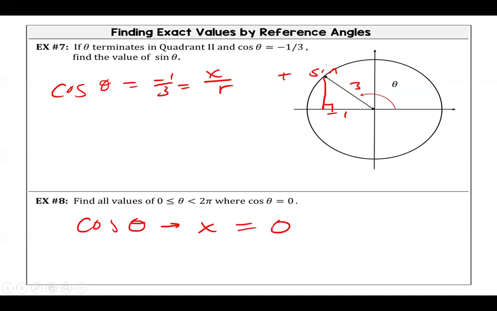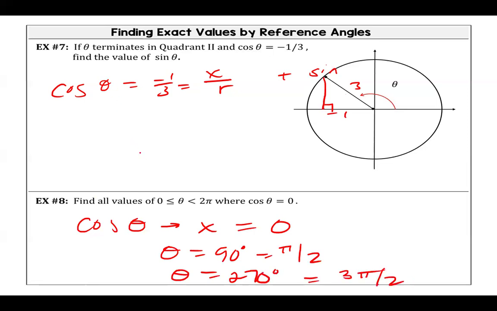On your unit circle, at what angles does x equal 0? 90 and 270. So we have theta equals 90 degrees, which is pi over 2, and theta equals 270 degrees, which is 3 pi over 2.